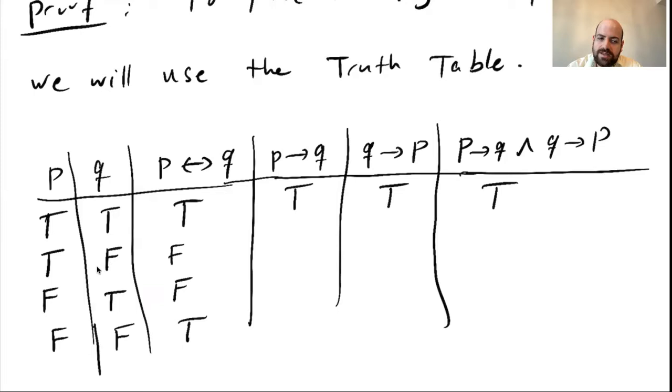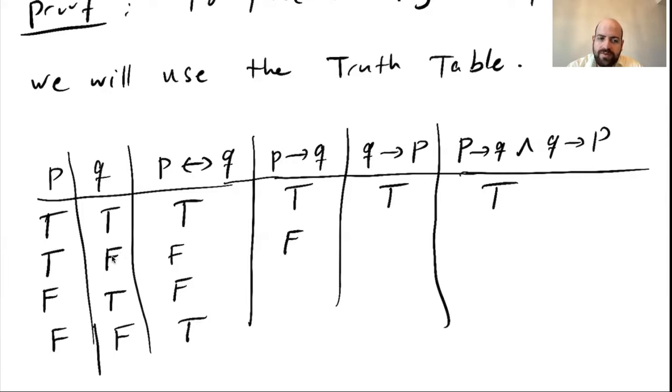Now let's look at the second row. Look, I want to fill this column first. So P is true in the second row. P is true, Q is false. True implies false is false. What about Q implies P? Again, I'm still in the second row.